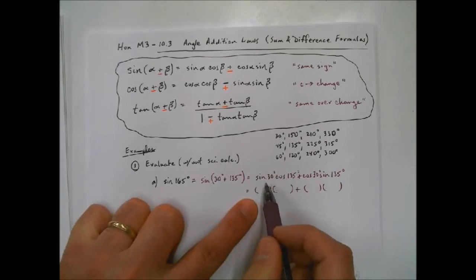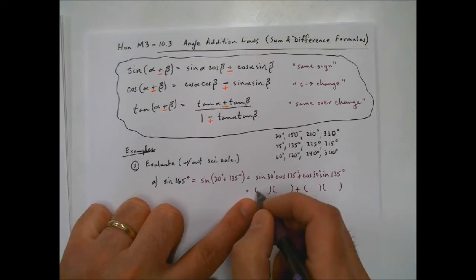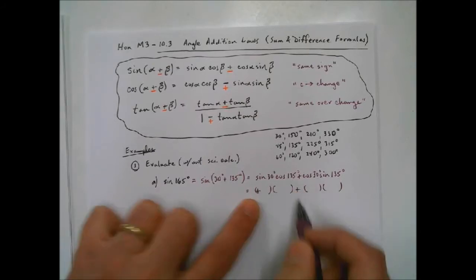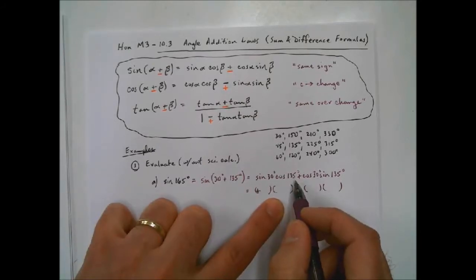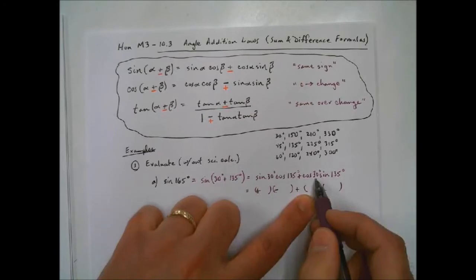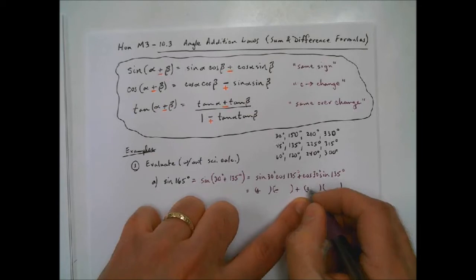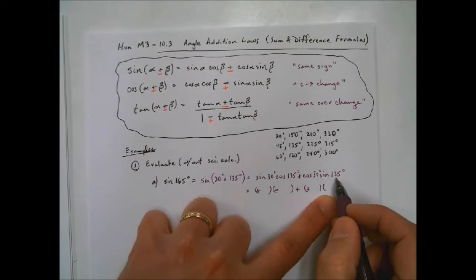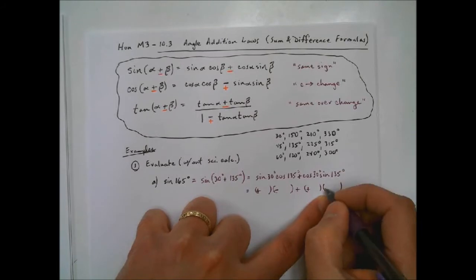So first off, let's figure out the signs, plus or minus. 30 degrees, we know that's quadrant 1, so we know it's going to be positive. 135 degrees, quadrant 2, what do we know about cosine in quadrant 2? It's negative. 30 degrees, quadrant 1, it's positive, and 135 degrees is quadrant 2, and sine we know is positive in quadrant 2.